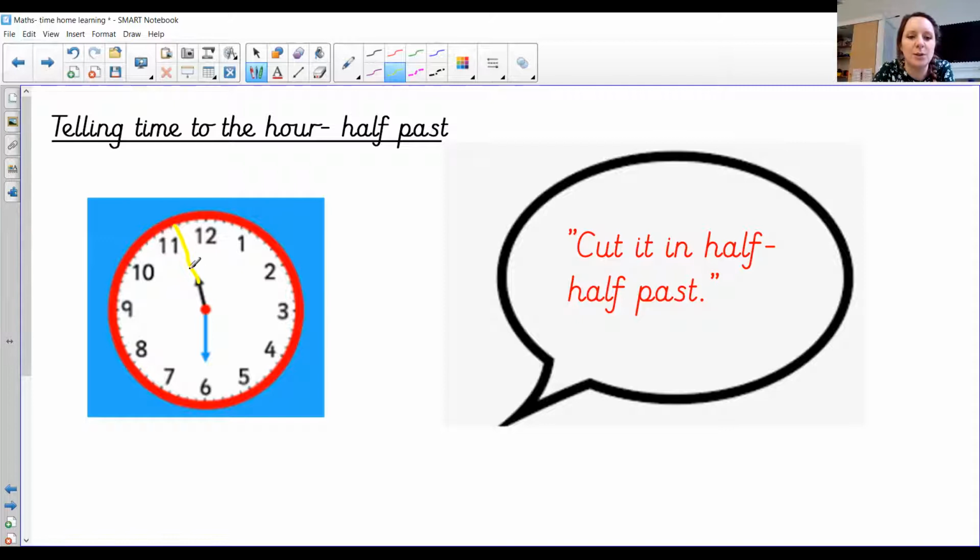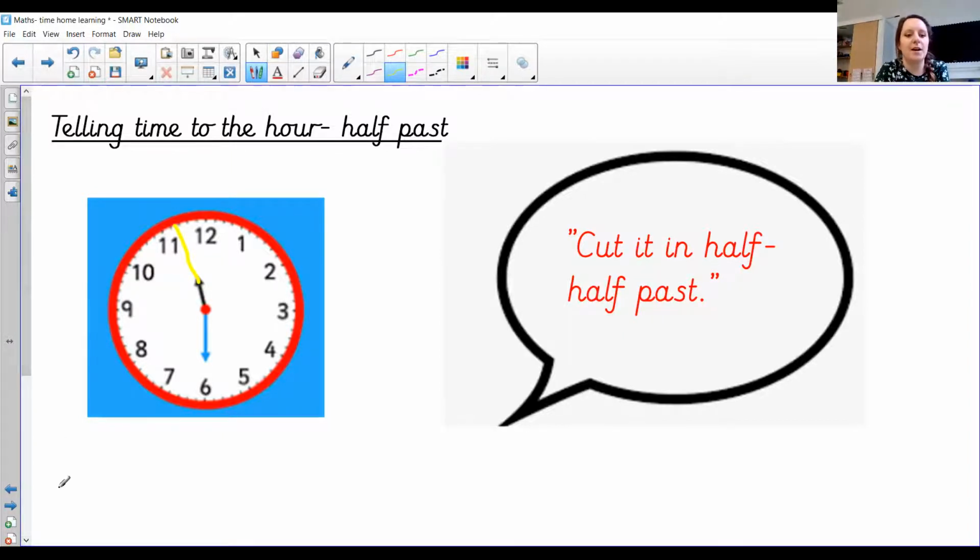So that short hand is pointing just past 11, isn't it? So it is half past 11, and that is the bit that tricks people out often. You can't have the short hand pointing exactly at 11. It has to be just past. It has to be just past the hour that it is half past. It is tricky, but that is something to look out for today.